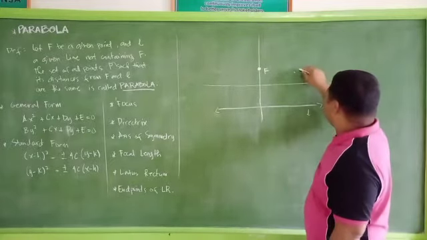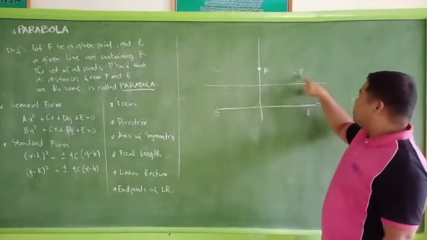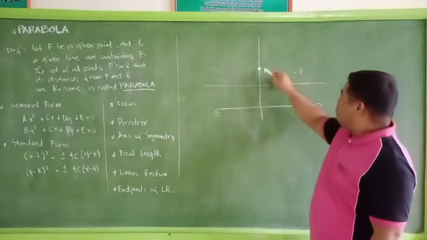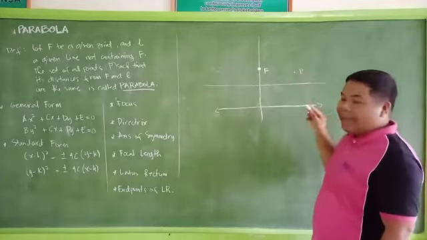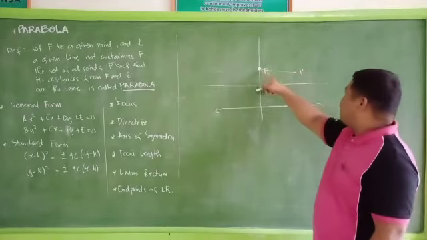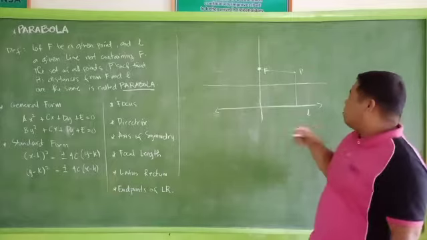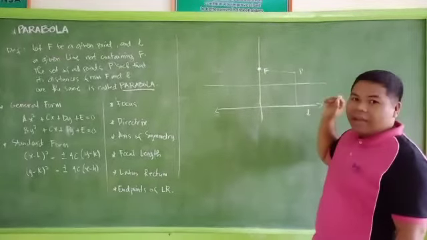Itong point na to, tawagin kong point P. The question is, magiging magkatulad ba yung distance ni F tapos yung line na L? So measure natin yung distance from point F to point P, tapos yung distance from point P to line L. So the same ba yung distance nila?